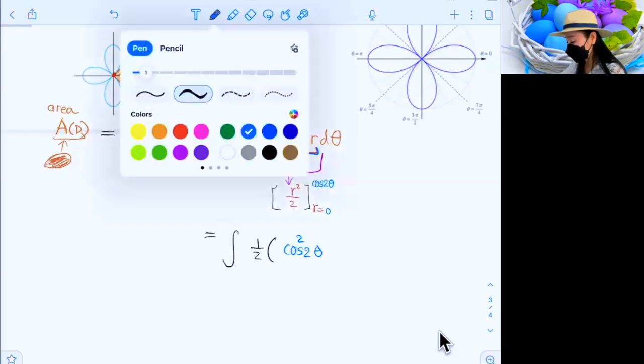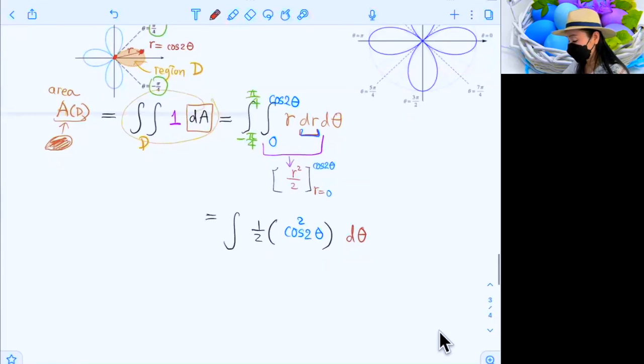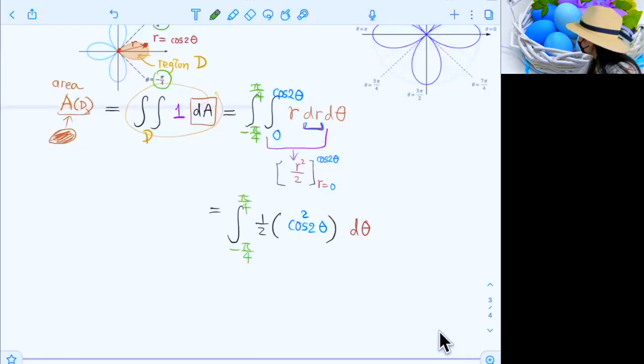So we have this, and then you have d theta over here, with theta changing from negative pi over 4 to positive pi over 4, right? I should maybe put a parenthesis on the 2 theta to avoid ambiguity.